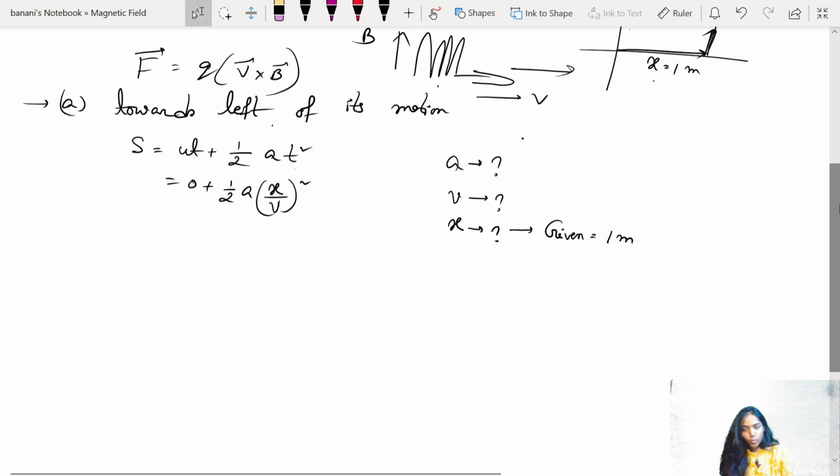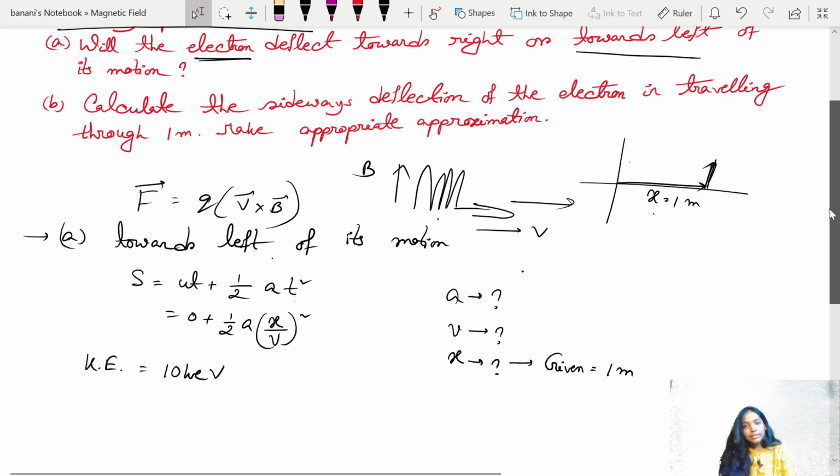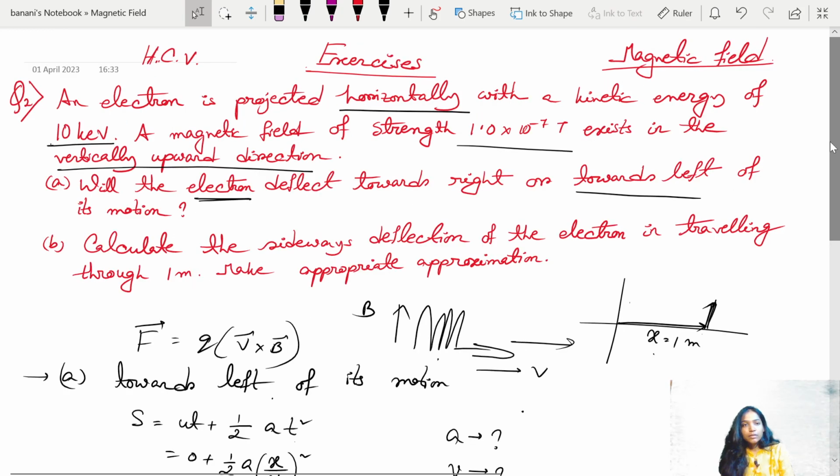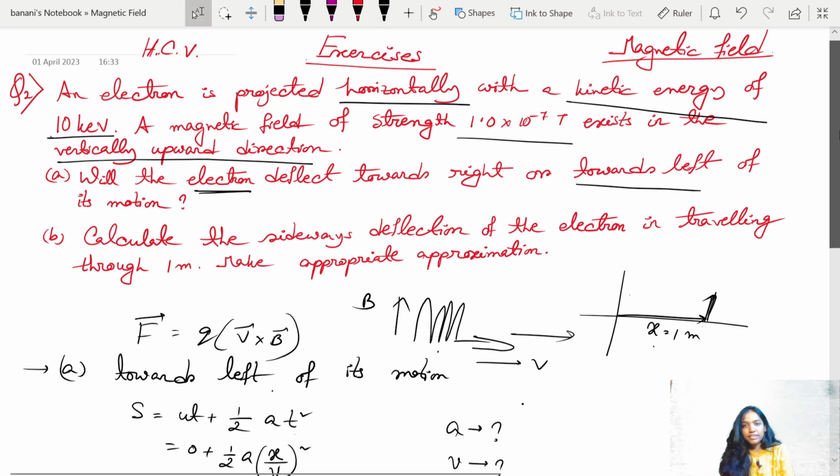It is 1 meter. Now the kinetic energy is given. The kinetic energy here is 10 kilo electron volt, and the magnetic field strength is given, 1 into 10 to the power of minus 7 Tesla.